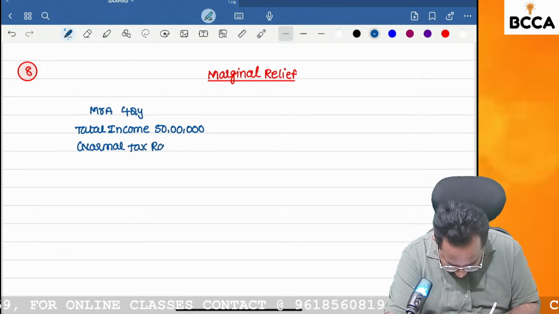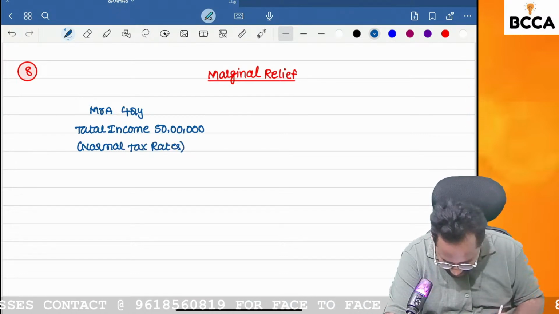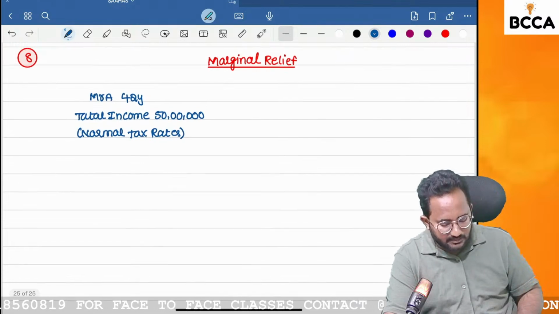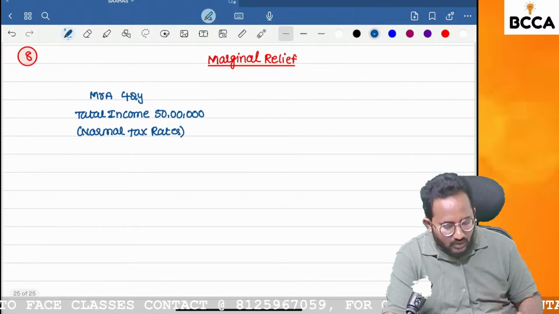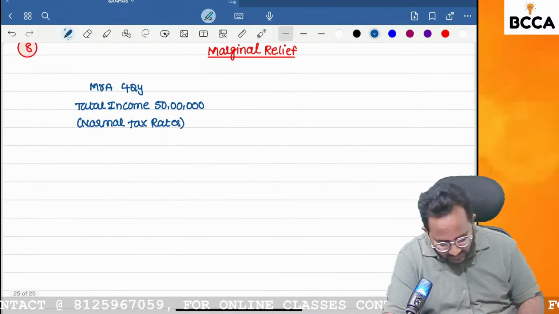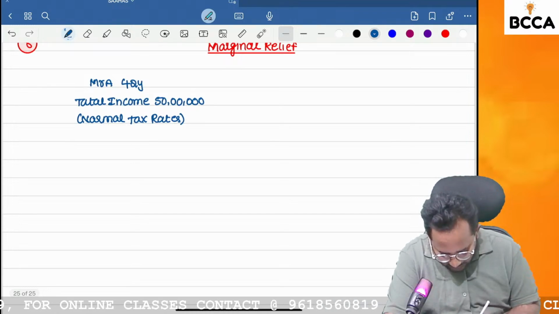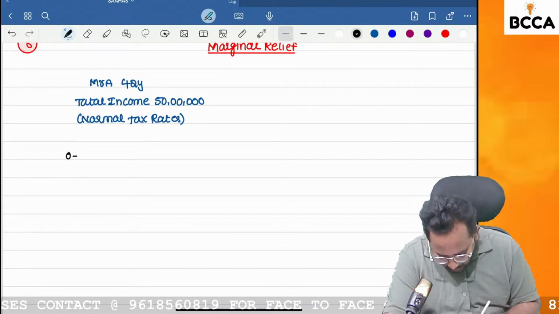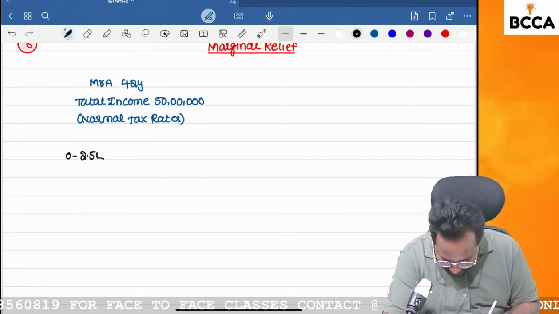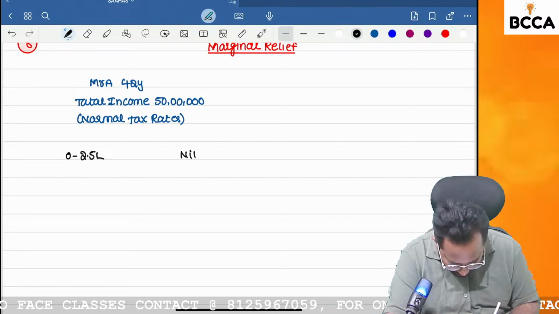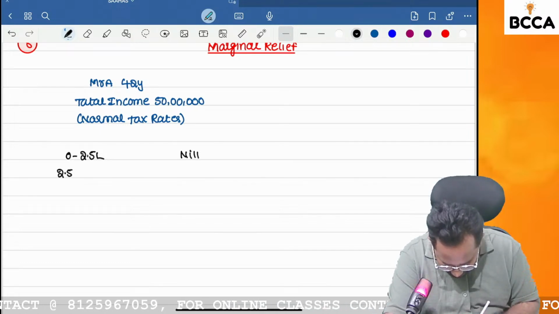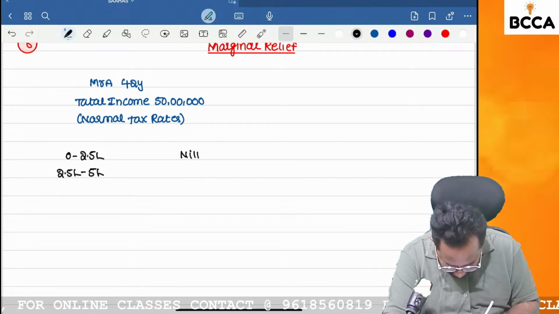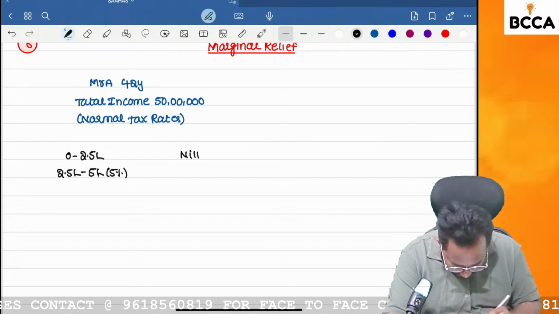So please find out the tax liability. Write everything down on the left side of your page and calculate the tax liability. 0 to 2.5 lakh, is there any tax liability? No, nil.